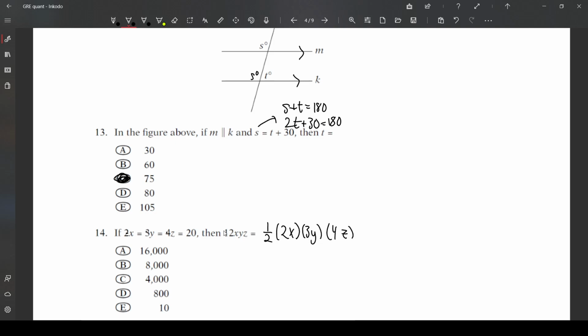Because the 1/2 is coming from, if you multiply all these together, you get 24xyz, and so that 12 is 1/2 of 24. So this is 1/2 of 20 cubed. Now 20 cubed is going to be 8, right? 2 cubed, and then followed by 3 zeros, and then divide that by 2, you get 4,000.